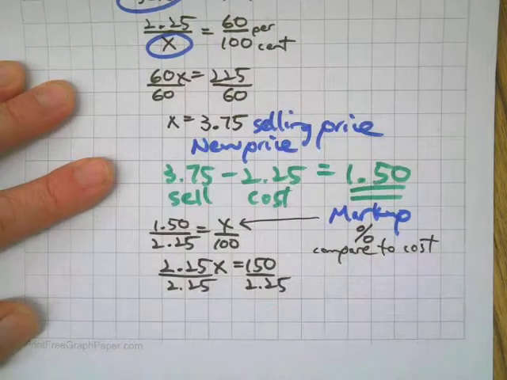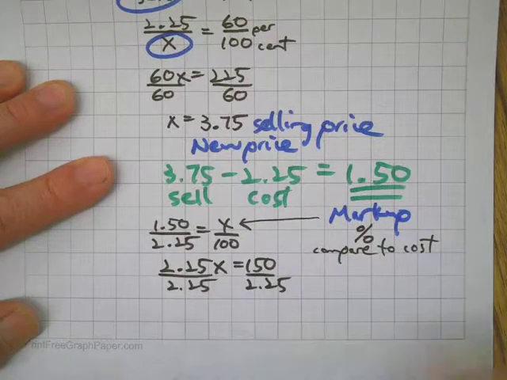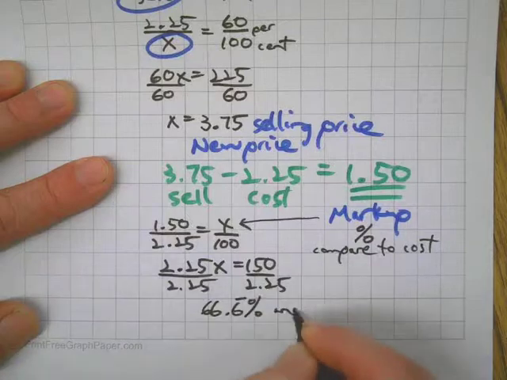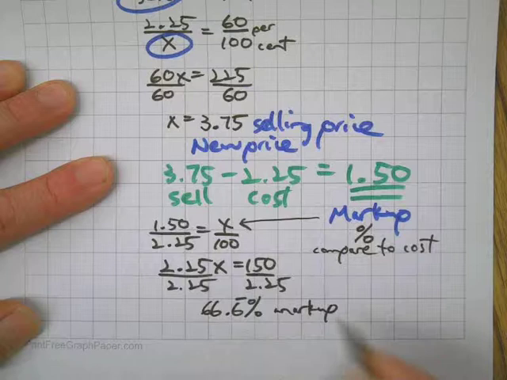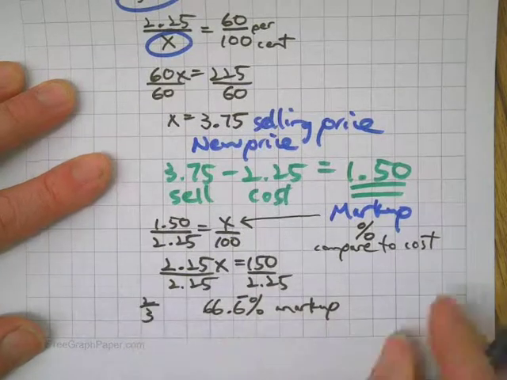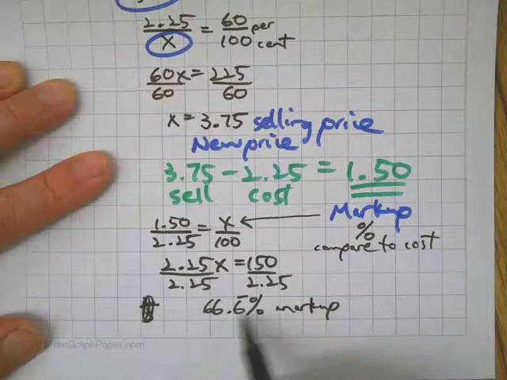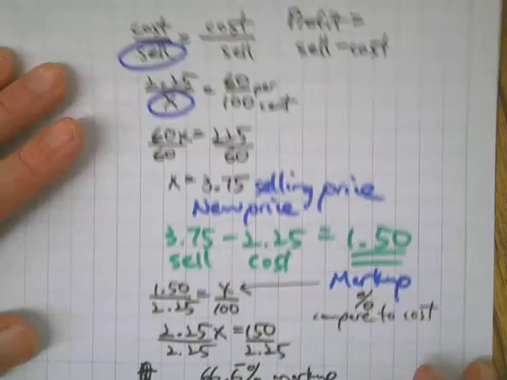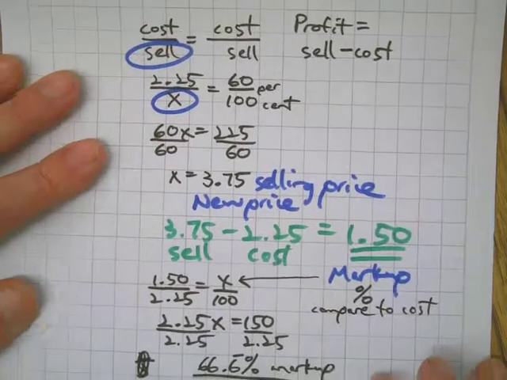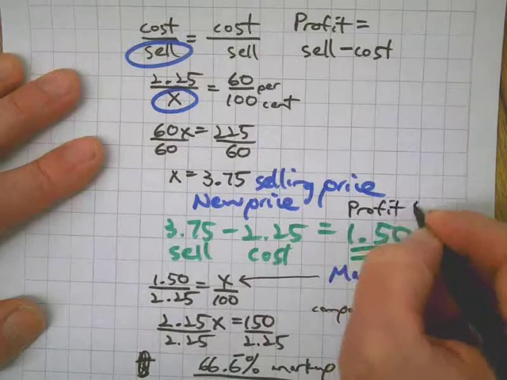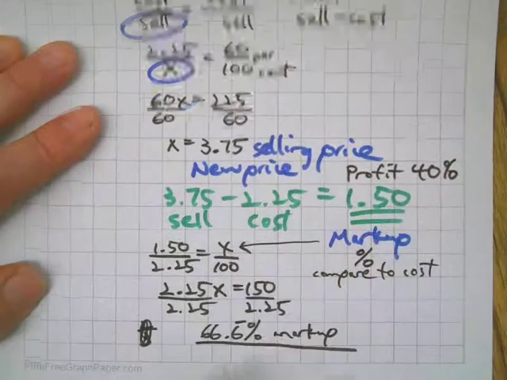Divide by 225. 150 divided by 225. All right. That's a 66 2/3, or, you know, a 2/3 markup, okay? So we can see how the markup percentage of 66% is different than a profit of 40%.